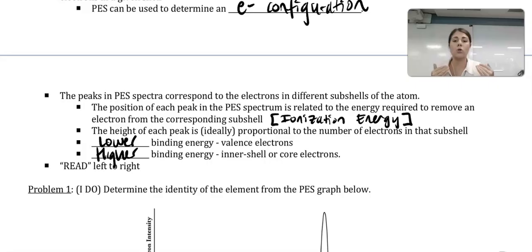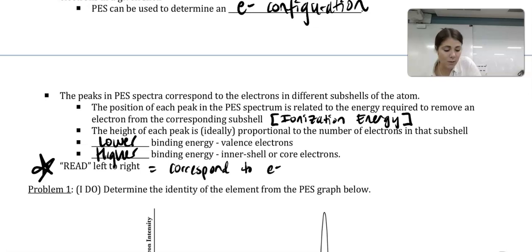So the larger that value is, the closer we probably are to the nucleus. This is very important, this is the trick: you always read left to right on the graph, because that's going to correspond to an electron configuration, starting with 1s and working your way on.